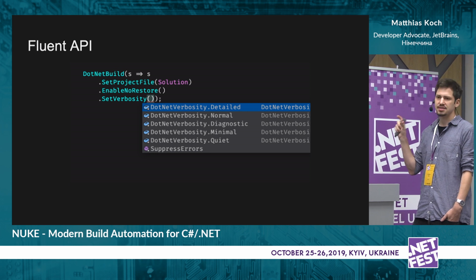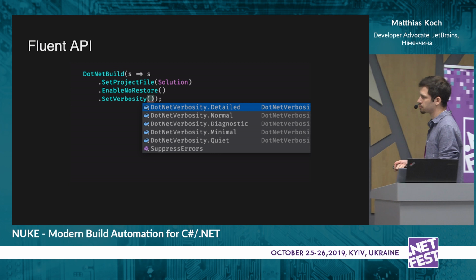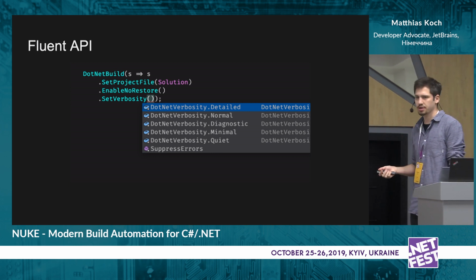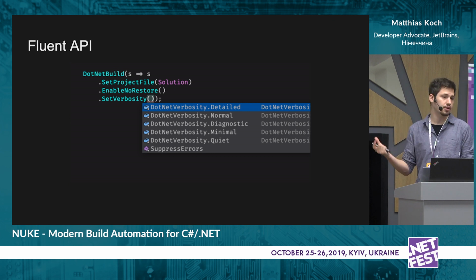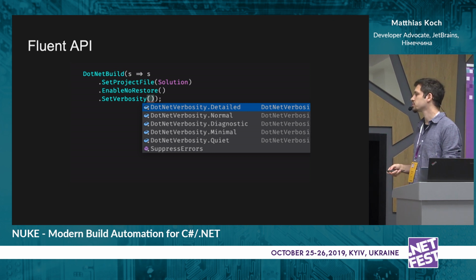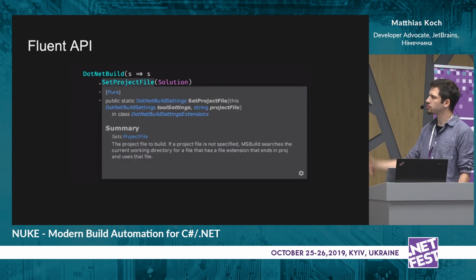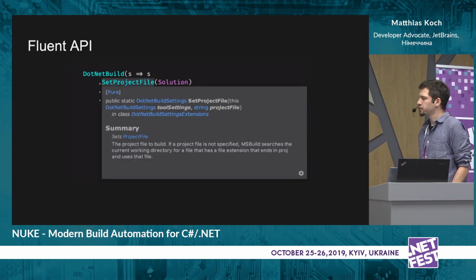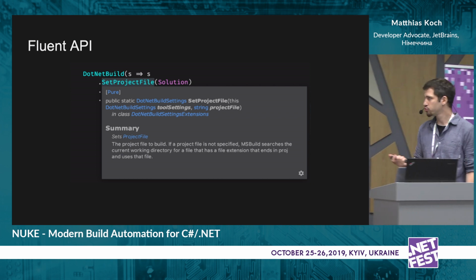For defined sets of values that can be applied, you will get auto-completion as well. So in this case, you can choose from one of the actual meaningful values to be passed to the verbosity switch. All right, and also for set project file, if you're curious, and that exists for every tool actually.